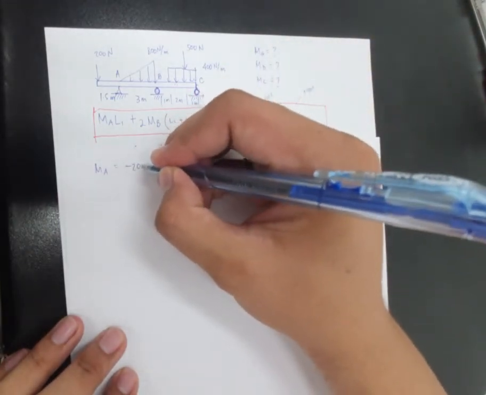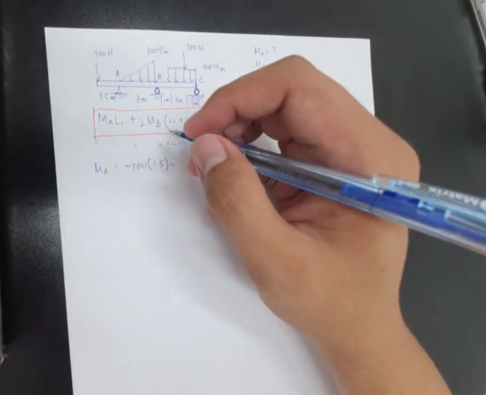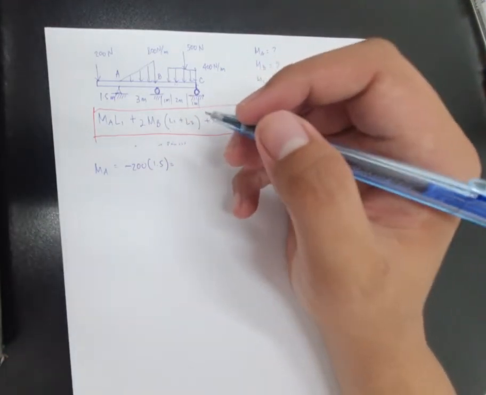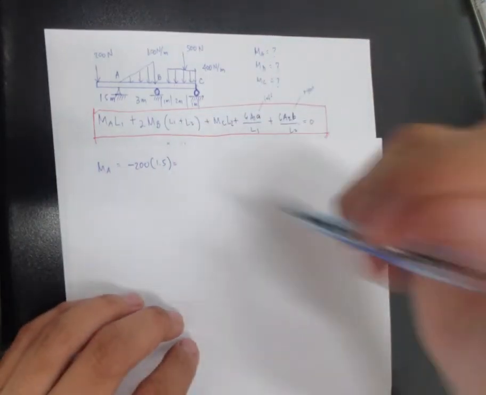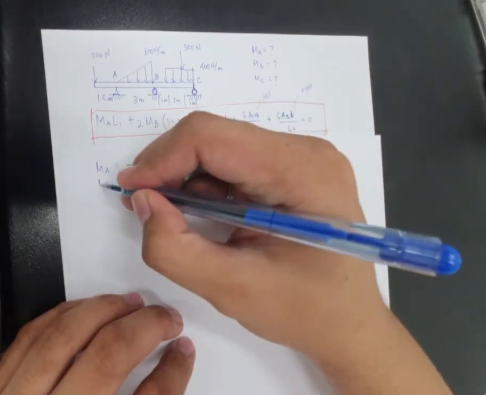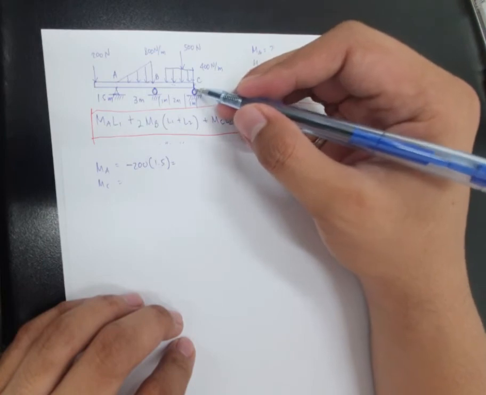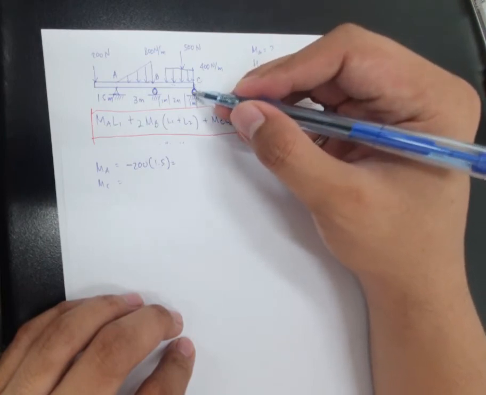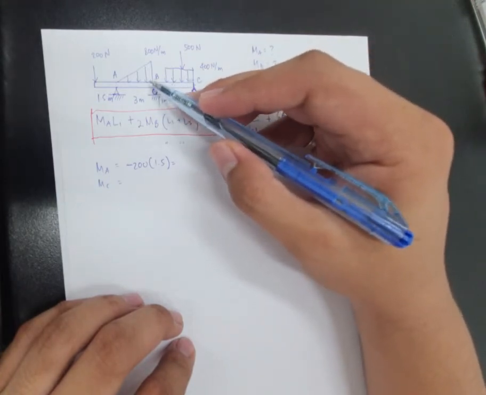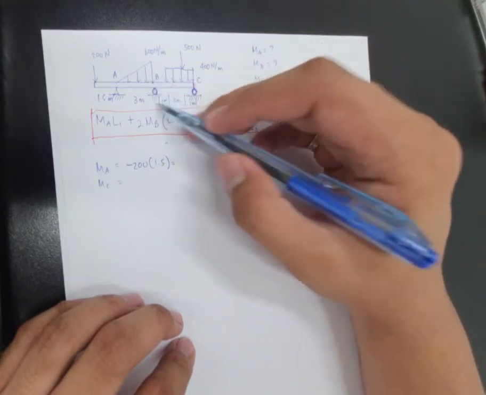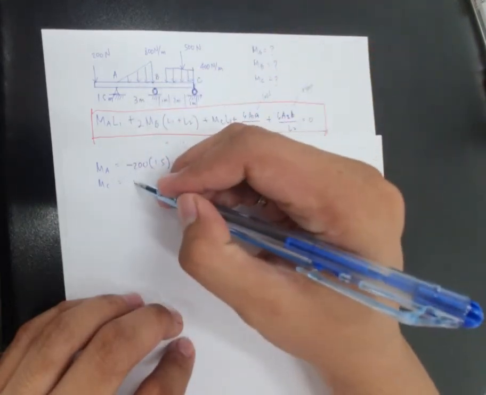So negative 200 times 1.5, okay. Okay lang, ito na lang na yung niya. Then moment at C is 0. Moment at the end support, sa simple support without overhang, 0. Pag internal moment, nagyod, no? Kaya naman kay mga loads nga dili equal. So moment at C is 0.